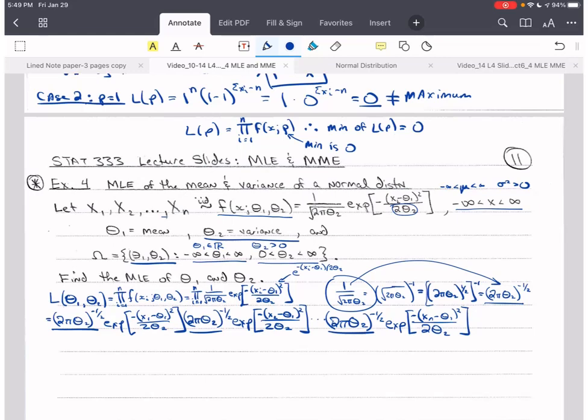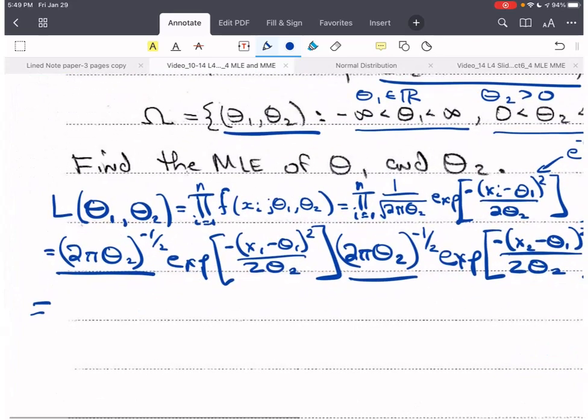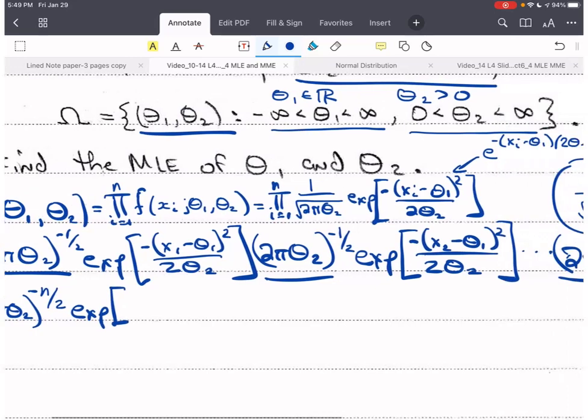And so 2 pi theta 2 to the negative 1/2 raised to the nth power, I multiply the exponents. So this is going to be, not negative, it's going to be, let's zoom in, 2 pi theta 2 to the negative n over 2 exp. Now that's an exponent, it's the same base, so I'm going to add everything in the square brackets together.